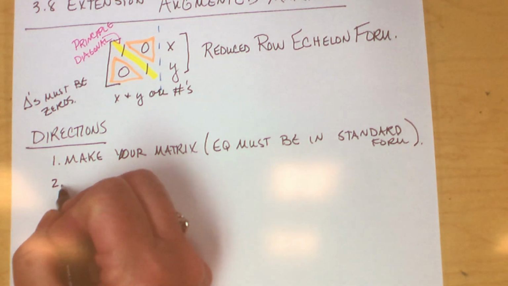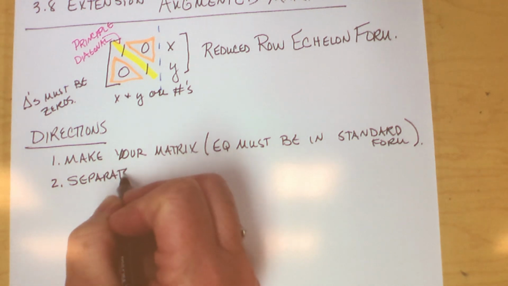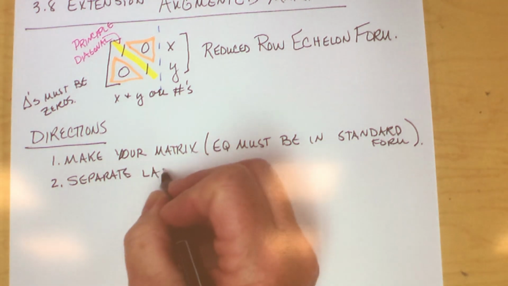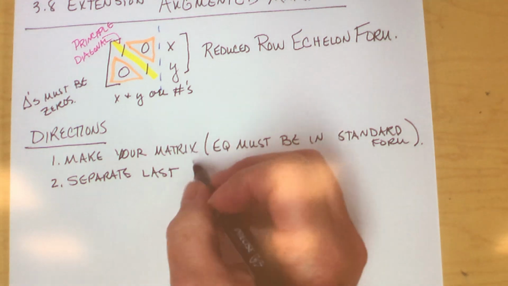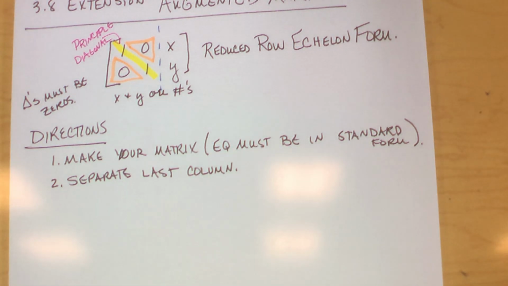Number 2, you are going to separate the last column, just like we did up there, okay? Now, after a while, we won't have to do that anymore. Like even today, we'll stop doing it, okay? Because your brain will kind of separate it off for you and we won't have to actually draw that dotted line.